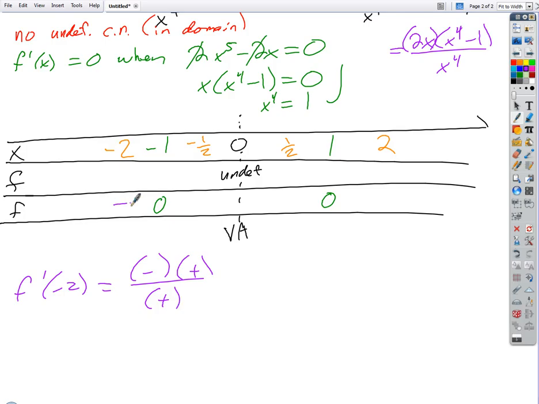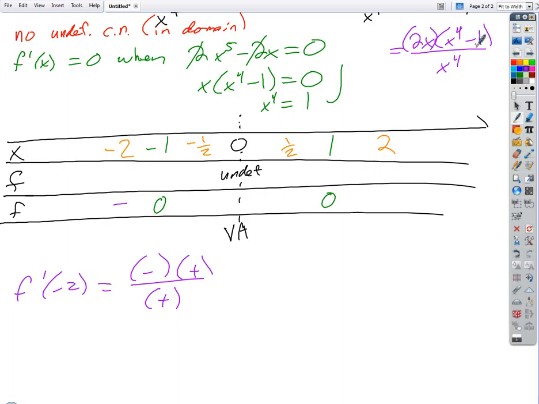What about at -1/2? How is that going to change for -1/2? That's going to be the same, but what's going to happen there? It's going to be negative, isn't it? Because -1/2 to the 4th power is going to be a very small positive fraction. I'm going to get 1/16, and I don't even care what it is, I just know it's going to be less than 1.